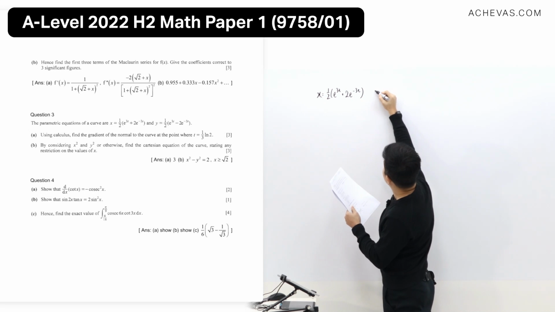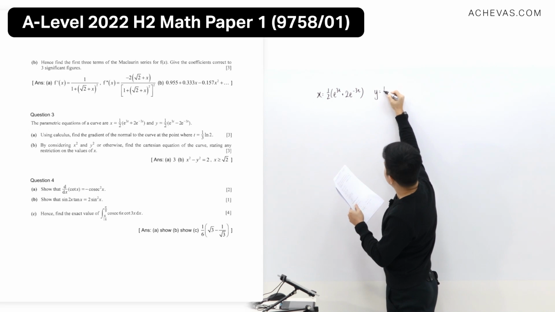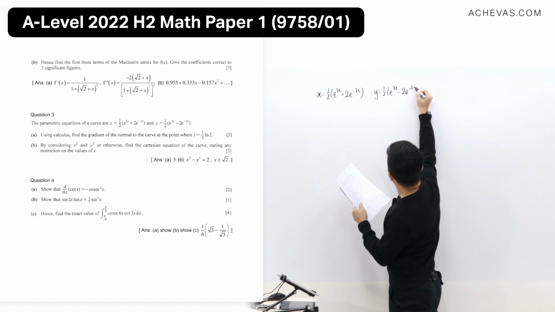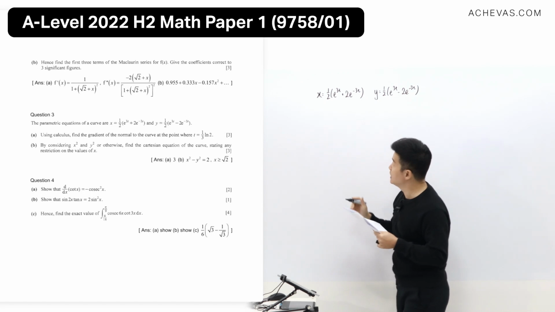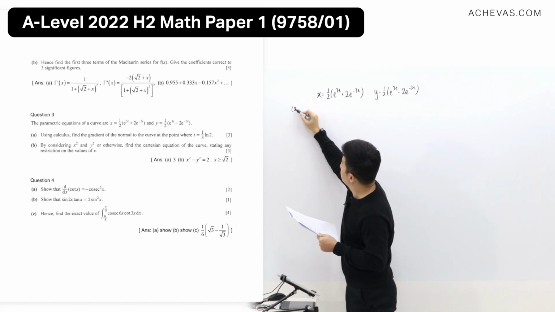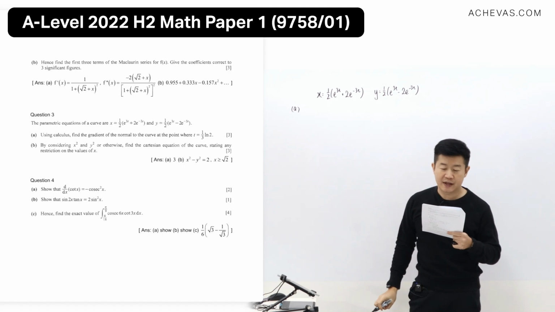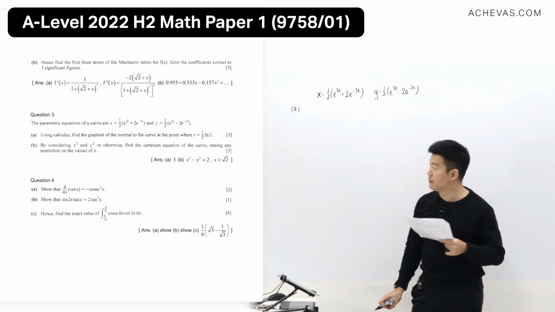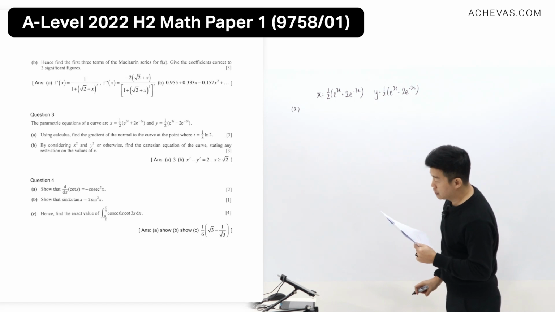And we have y as 1 over 2 e to the power of 3t minus 2e to the power of negative 3t. In part A, we have to find the gradient of the normal to the curve at a point when t is equal to 1 over 3 ln 2.